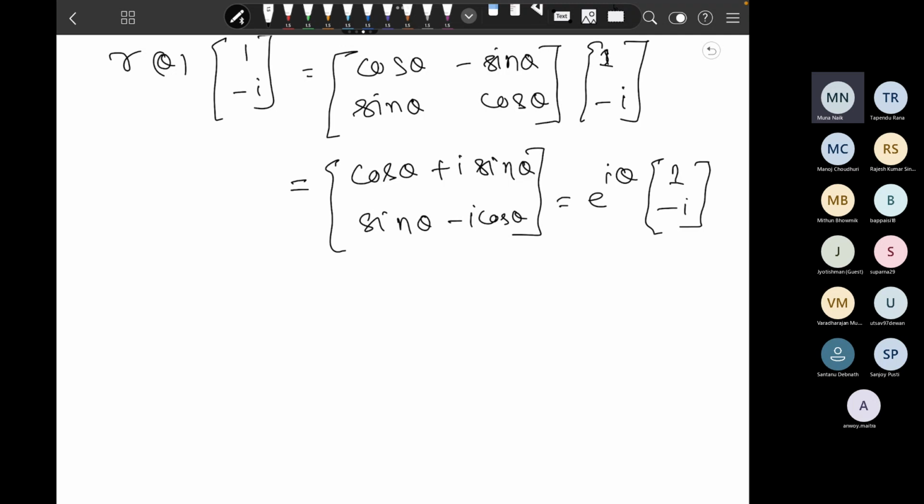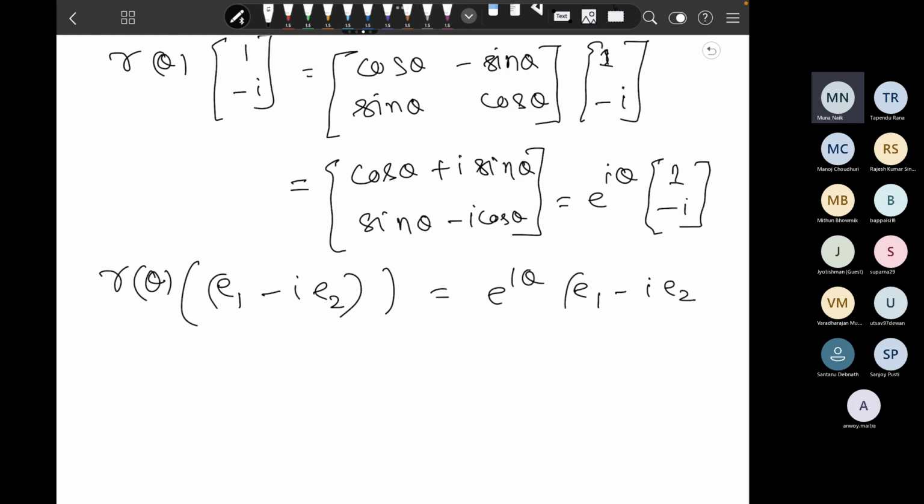So what I am getting is R theta applied to u1 minus i e2 is really e to the power i theta into u1 minus i e2. But u1 minus i e2 doesn't have norm 1. So, to make it norm 1, I am dividing by root 2.